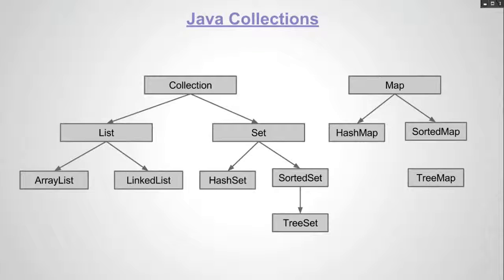Hash map is an implementation of the map. Tree map is the implementation of the sorted map. In the tree map, the keys are accessed in sequence order, so when you access the keys, it will return them in a sequence order.